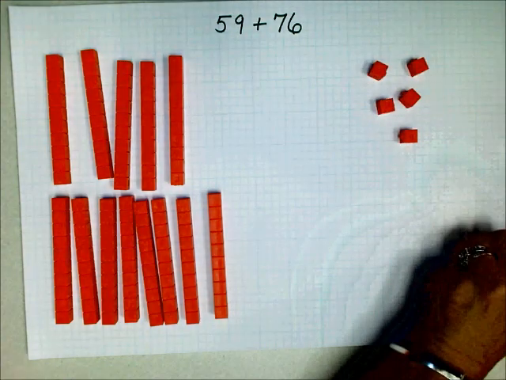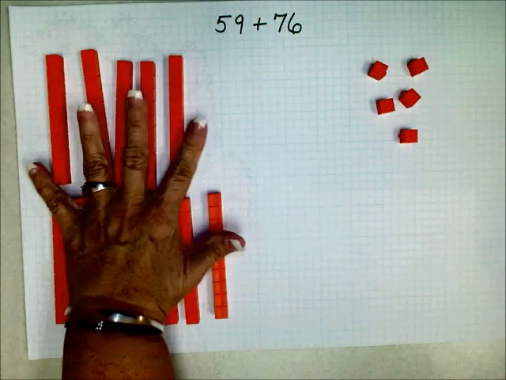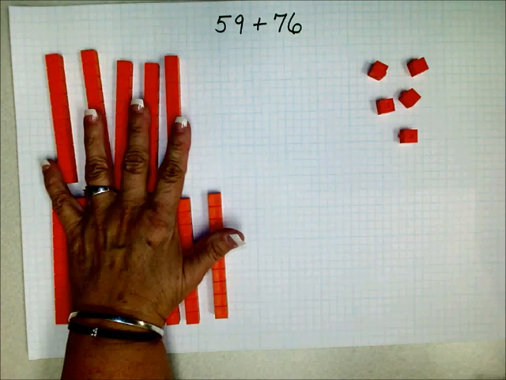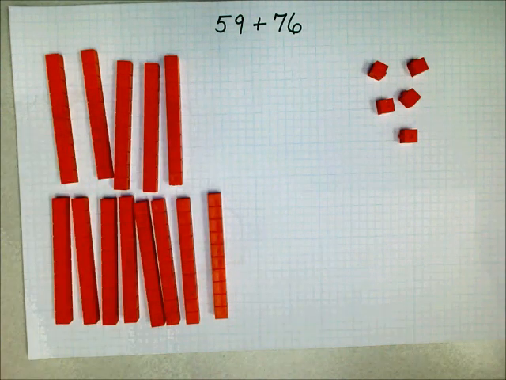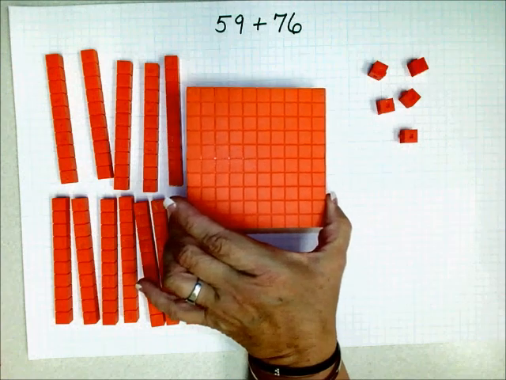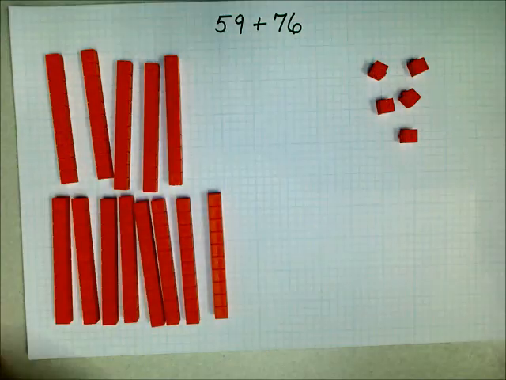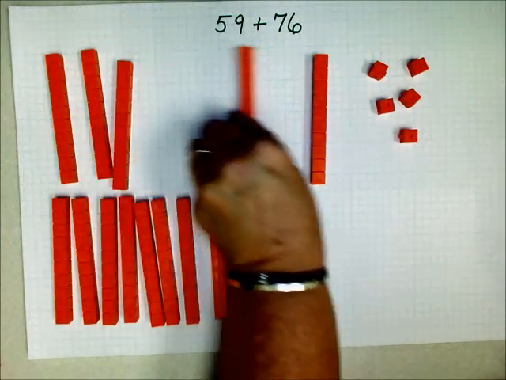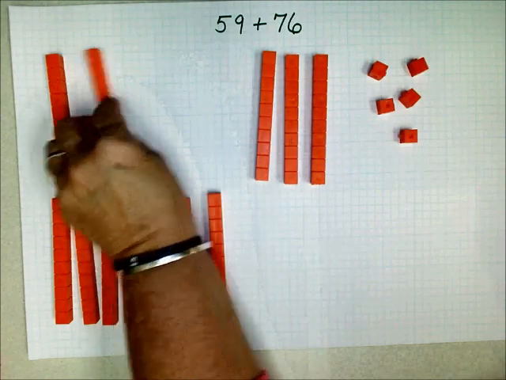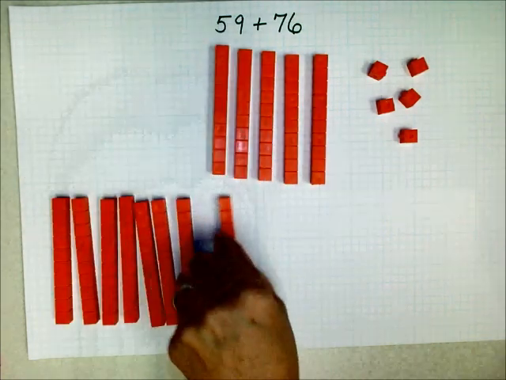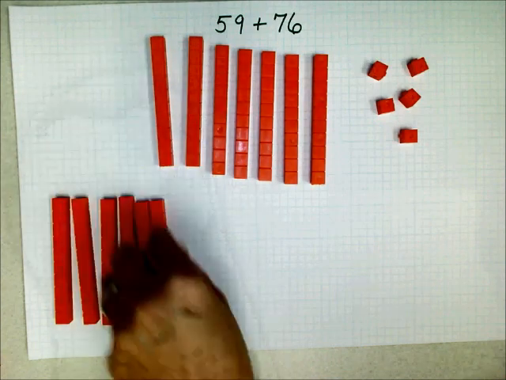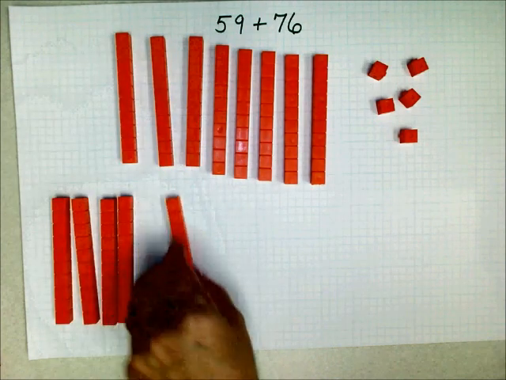Alright, now I can never have 10 longs, because if I have 10 longs, I can trade that for a flat. So let's see if we have enough to do that. 1, 2, 3, 4, 5, 6, 7, 8, 9, 10.